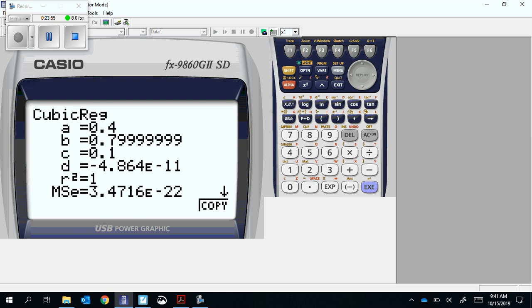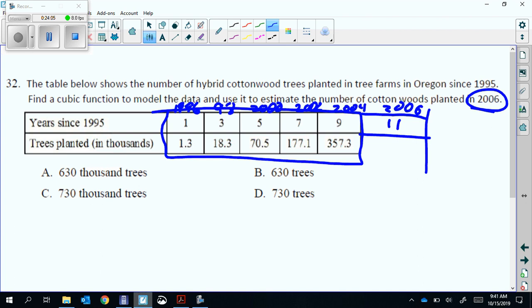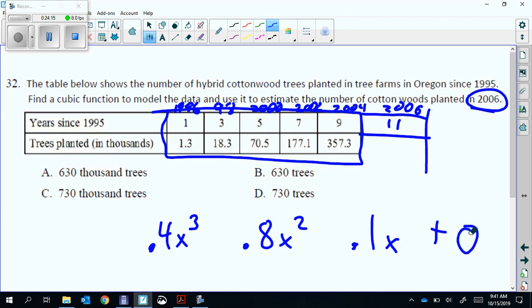And then this is essentially 0 because that's like move the decimal 11 spots. So 0.4, 0.8, 0.1, our equation. This would be x cubed, this would be x squared, this would be x, and then plus 0. That's our equation. And we're going to plug in 11.